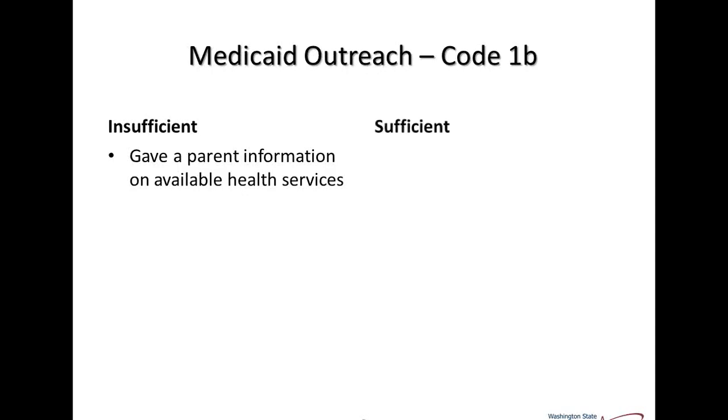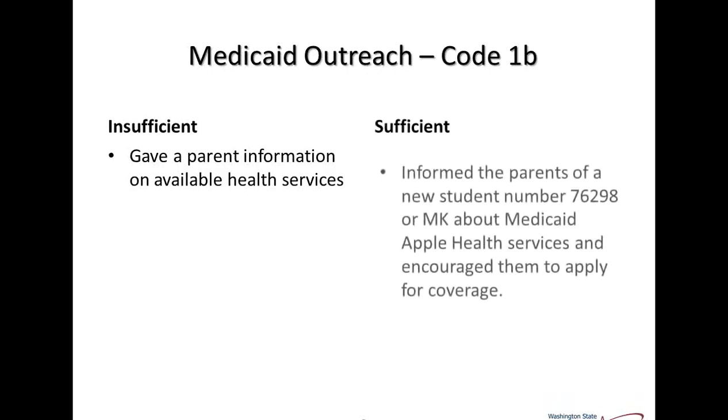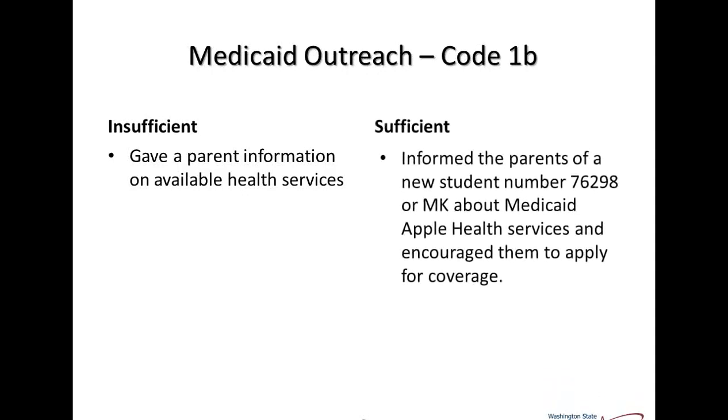The best practice narrative for this example would be: inform the parents of a new student about Medicaid Apple Health Services and encourage them to apply for coverage. For this response, the appropriate answers to the questions are provided. What were you doing? Providing information to the parents of a new student number 76298 or the initials of the student MK about Apple Health Services.